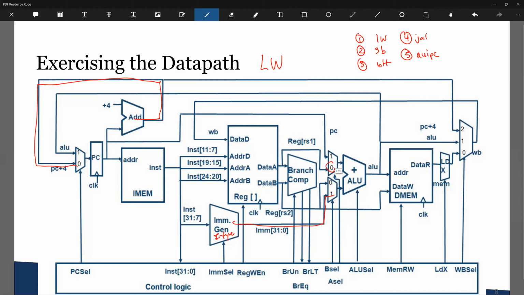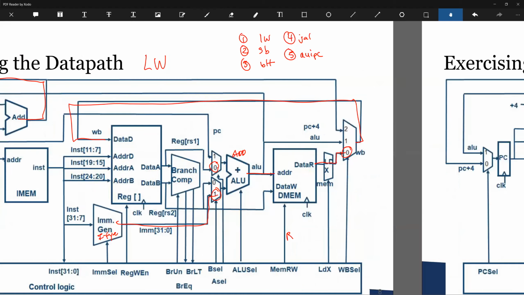And then for the B select, you select from the immediate, and then you add, and then you read from memory, and then you enable the reg write, and then your write back select is from memory. Cool. Perfect. Great. Yeah, that's pretty much it.